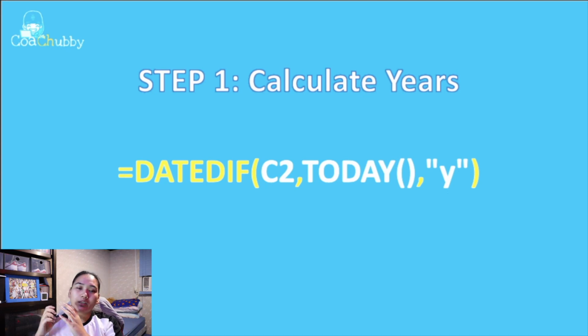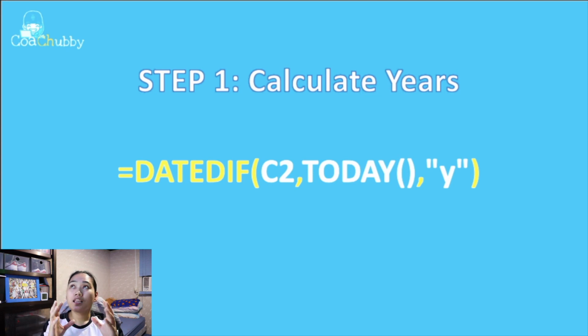So the first part would be the date from. For this part, we will use a cell reference, because I will show you that in the spreadsheet later. Basically, the first part, which you can see is C2, would be the cell where the hiring date of the person is from.